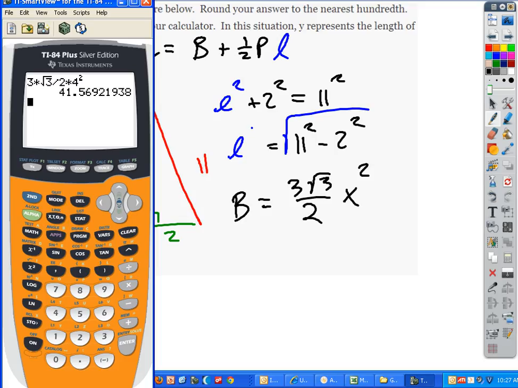So then our total answer just looks like the base, right there we calculated, plus 0.5 times the perimeter, which we said was 6 times 4, so 24, times the slant height, which I'll grab right there. And that's our answer, 171.37. Okay, that's probably the hardest one on there.